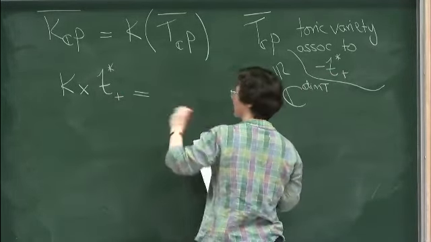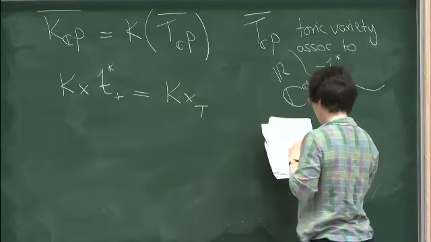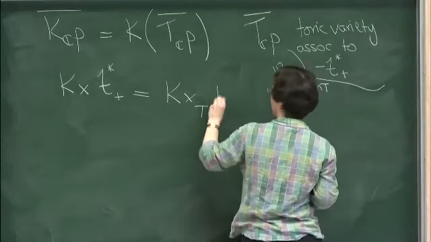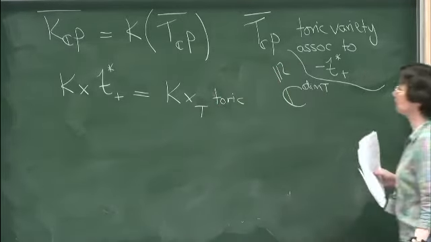We can identify this with K cross sub T of this toric variety. Well, I'll just write it as toric.